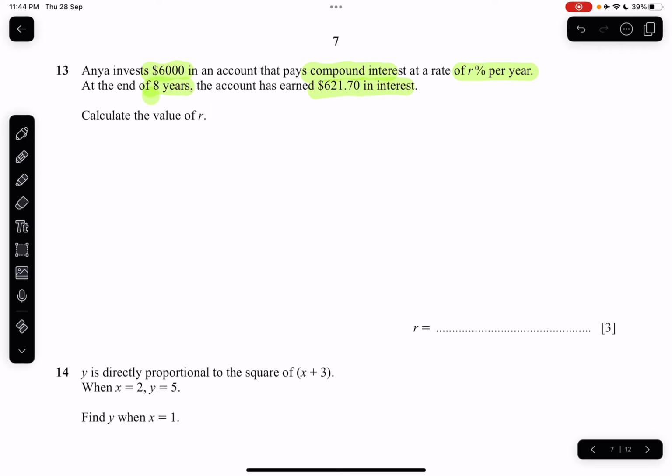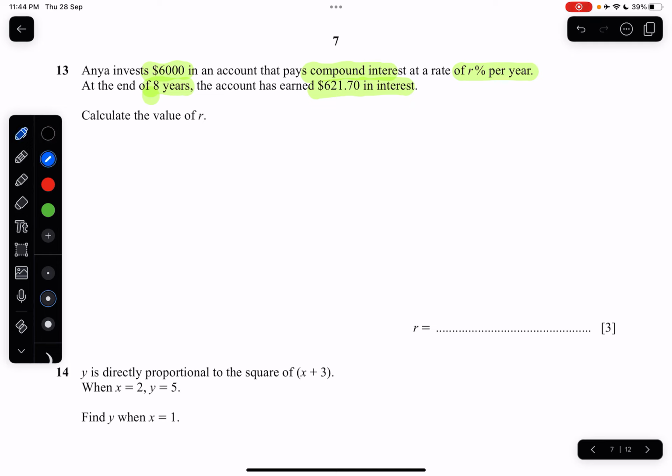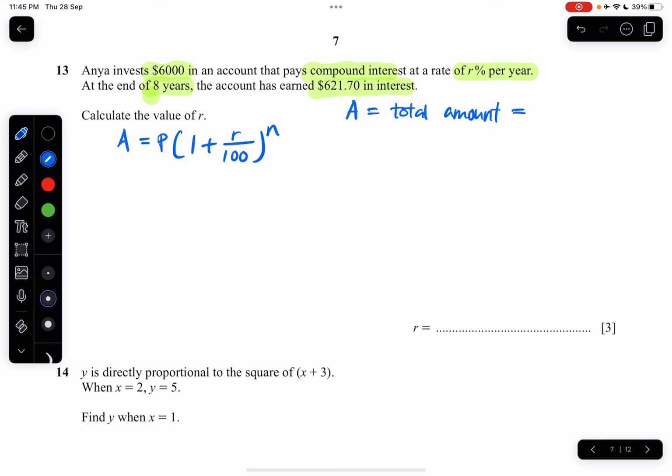So the important thing to note is the formula. In this case, we have the formula A equals P(1 plus R over 100) to the power N. Let's take a look here. This A is the total amount, which is the principal plus the interest.